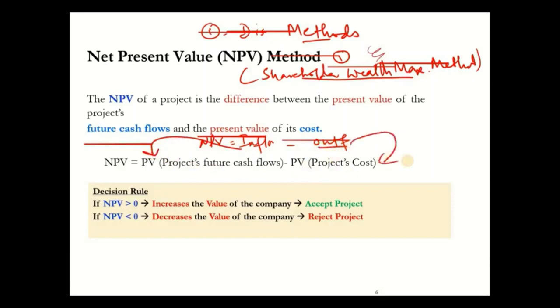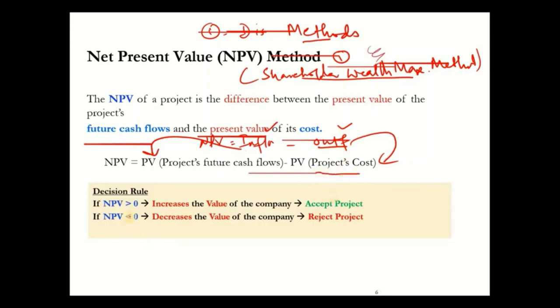Normally the outflows are the cost of a project. So NPV is equal to the present value of future inflows minus the present value of future outflows, or the present value of cost.